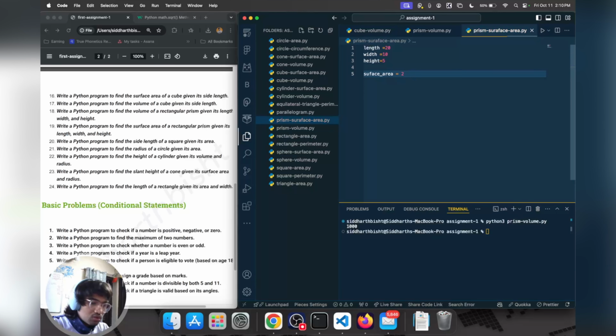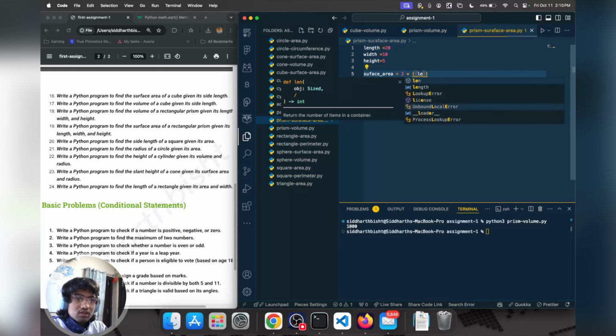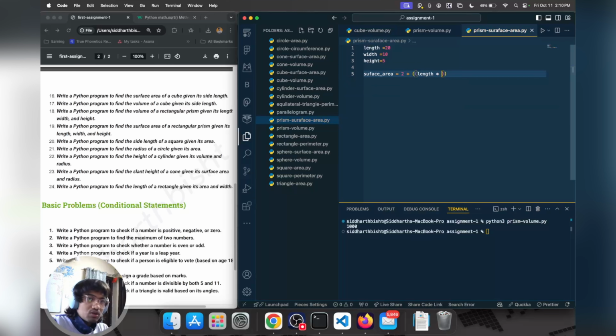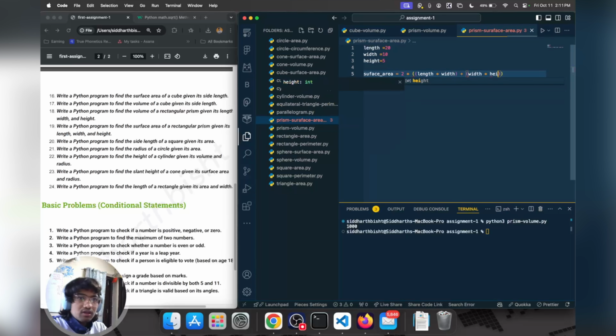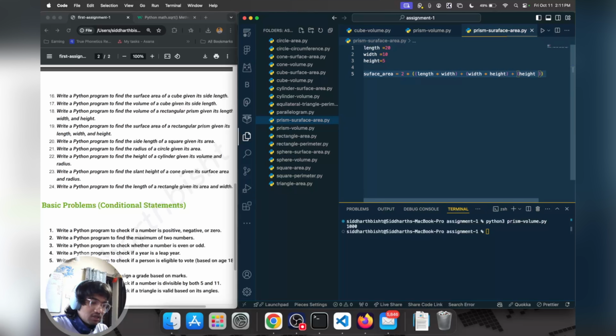So 2 multiplied by, let's be safe, use brackets, length multiplied by width, plus, let's be safe again, use brackets, width multiplied by height, plus height multiplied by length, and that's all.